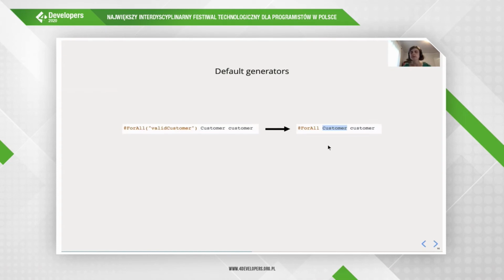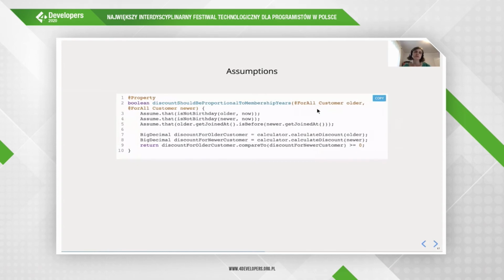You can look it up in jQuick documentation when you look for default generators. It's a very good thing to do, to have such default generators for your most important classes in your project. And when those techniques are not enough, there are also 2 more techniques that you can use to make the generators better and more yours. The first one is assumptions.